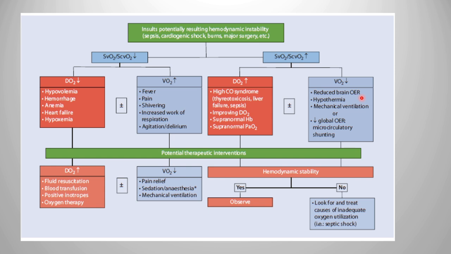So we can do therapeutic intervention accordingly. If we find that delivery is less, we can try to optimize delivery of oxygen by, say, giving fluid, blood transfusion, giving hemoglobin to increase the content of oxygen, giving inotropes to increase cardiac index, oxygen therapy, and decrease consumption by giving adequate pain relief, sedation, and still mechanical ventilation.